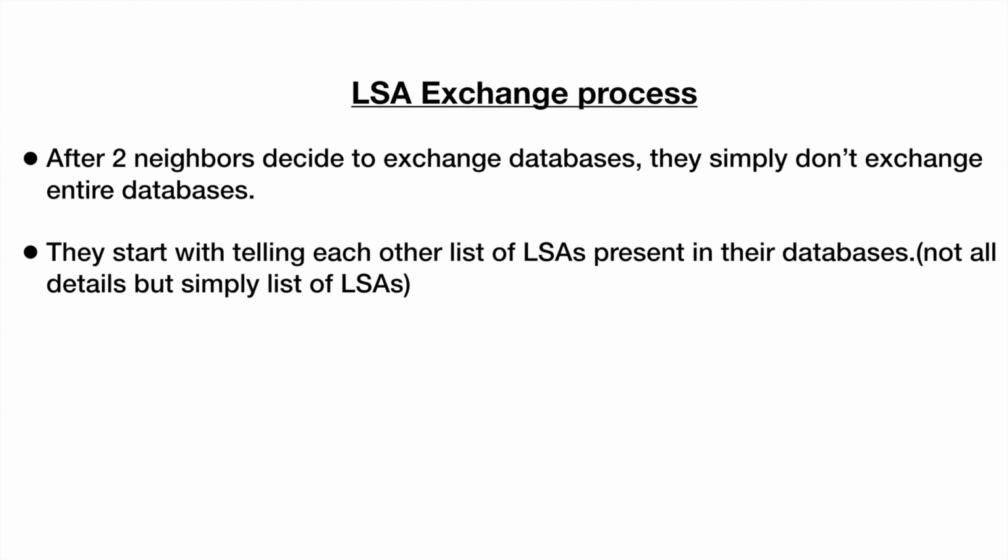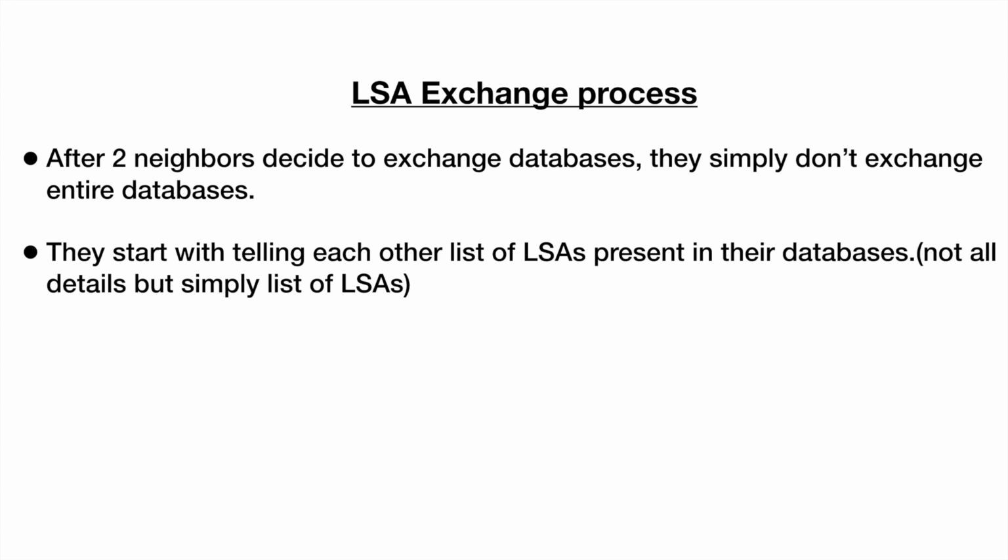For example, router 1 tells router 2, I have type 1 LSAs, type 2 LSAs, type 3, and so on. They treat this as a checklist. They don't send the entire detail of the LSAs, but just advertise the types of LSAs they have.